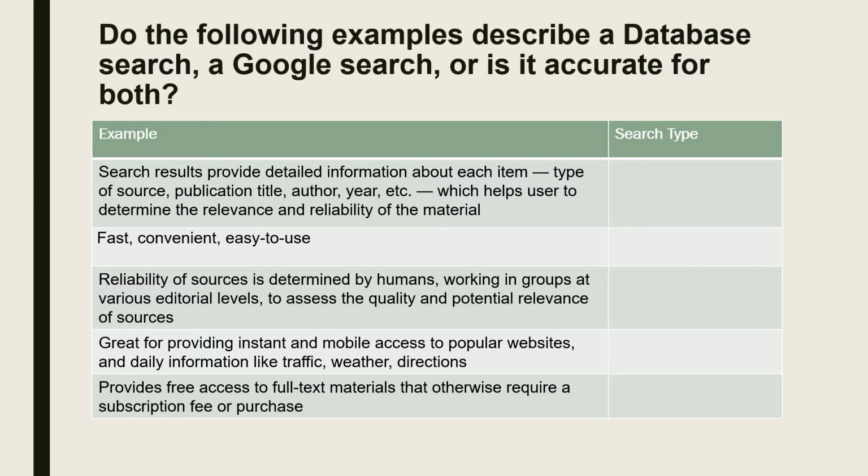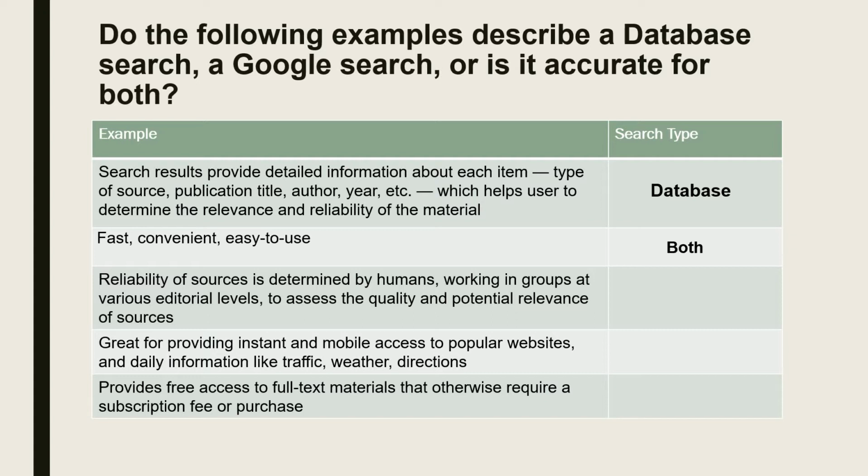So search results provide detailed information about each item, type of source, publication title, author, year, etc., which helps users to determine the relevance and reliability of the material. Which does this apply to? This applies to database, because Google does give you a little bit of information, but not as much as a database would. Which ones are fast, convenient, and easy to use? Both. You can use both very easily.